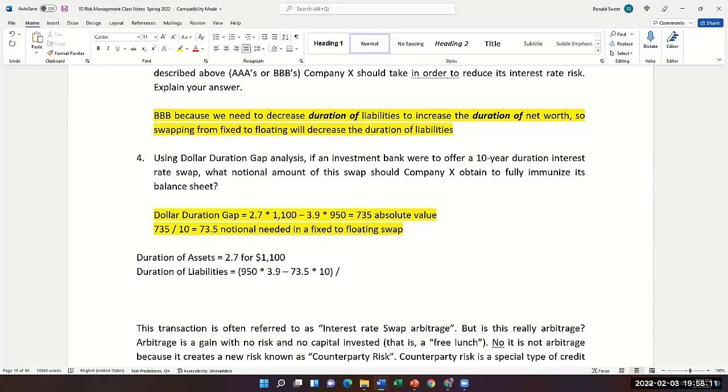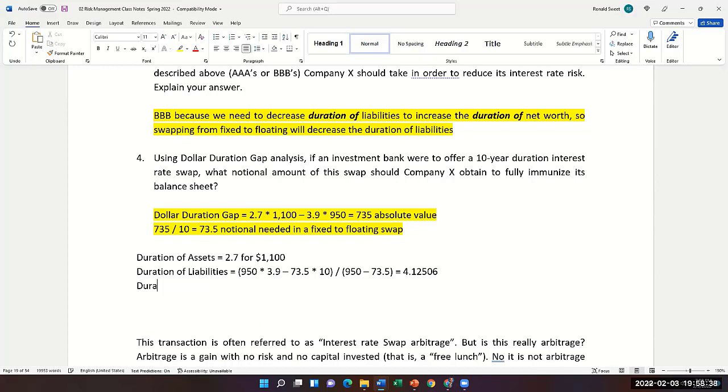We take that and divide it by 950 minus 73.5. And that gives us a duration of liabilities of 4.12506 or something. I don't know how many decimal places it goes out. It goes out a bunch more, but I'll go out 4 or 5 decimal places.